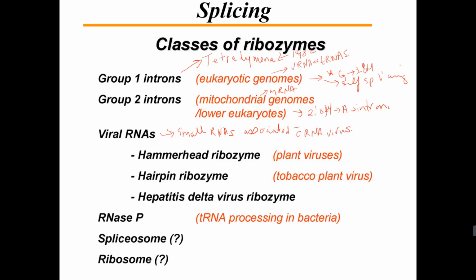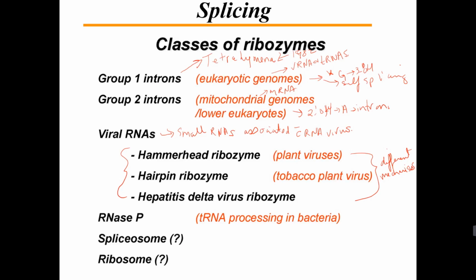We can define a couple of them here: the hammerhead ribozyme, the hairpin ribozyme, and the hepatitis delta virus ribozyme. These use different mechanisms to carry out transesterification reactions, so I definitely encourage you to look up a couple of these viral RNAs to see how they contribute to ribozyme activity.